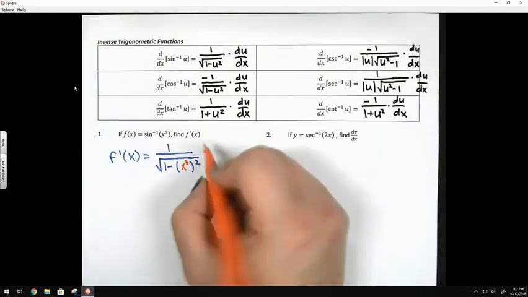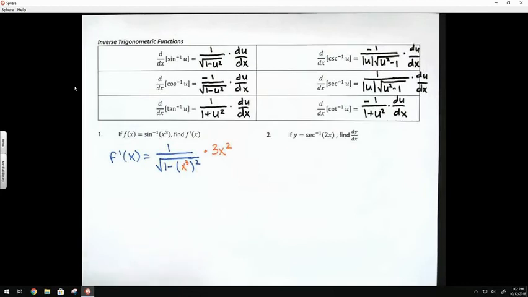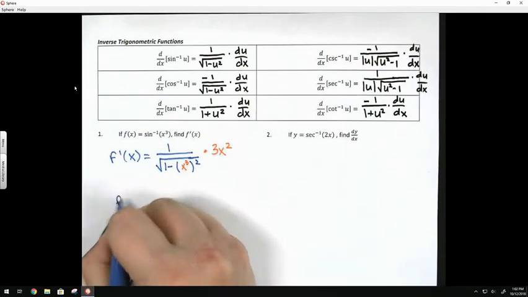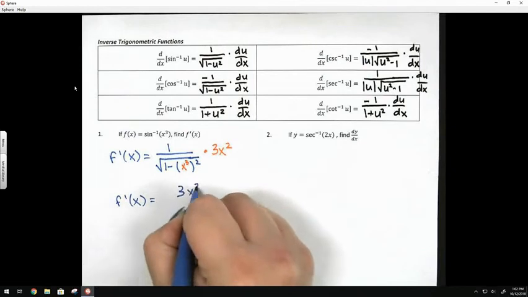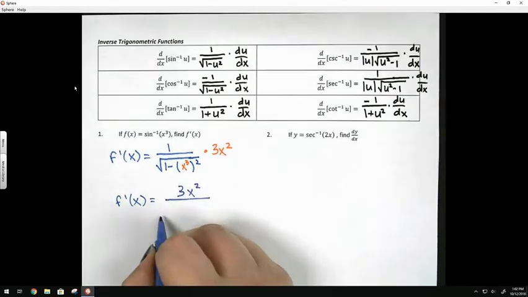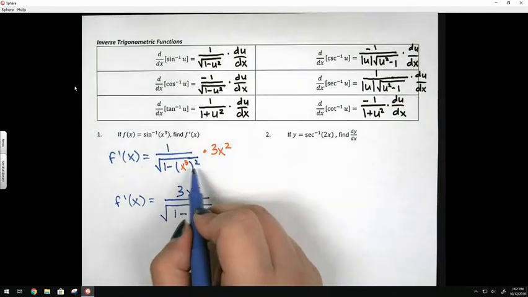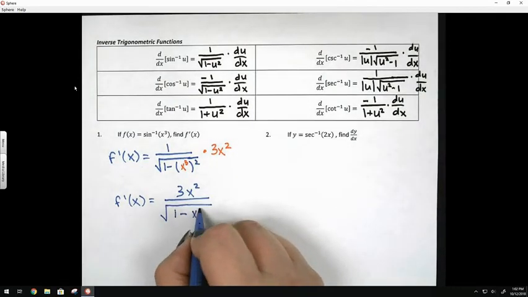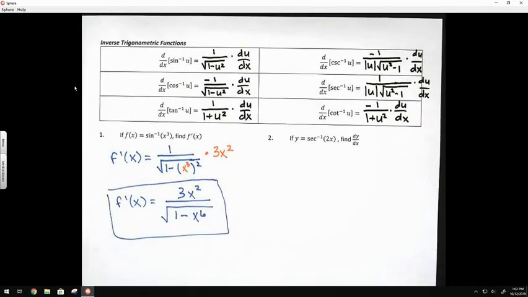So the derivative of x to the third is 3x squared. That means then that f prime of x is just 3x squared over the square root of 1 minus, power to a power we multiply, so this is x to the sixth. And that's our final answer for number 1. All right, so we just use the formula, which is nice, and then apply the chain rule.